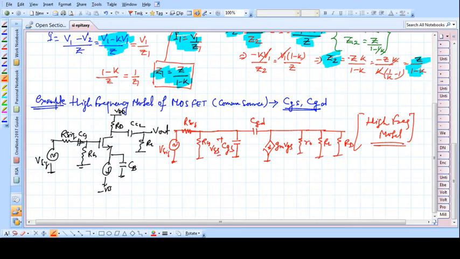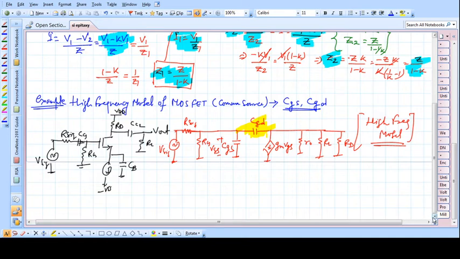So now here, this one is our bridging capacitor. So how do we have to change the circuit? For this purpose we have to use the Miller theorem.